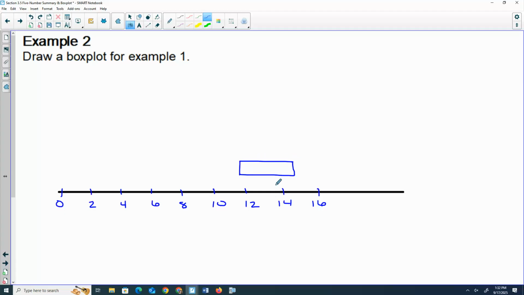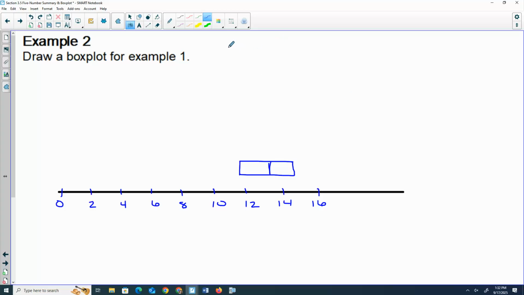And we do a vertical line in the middle to mark the median, which was 13.6. Is everyone okay with me for that part?